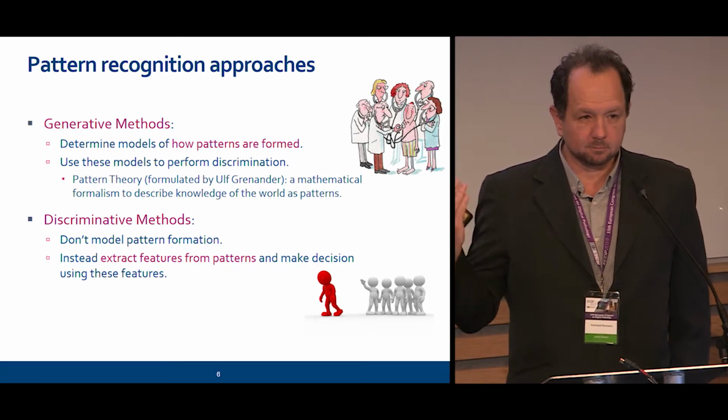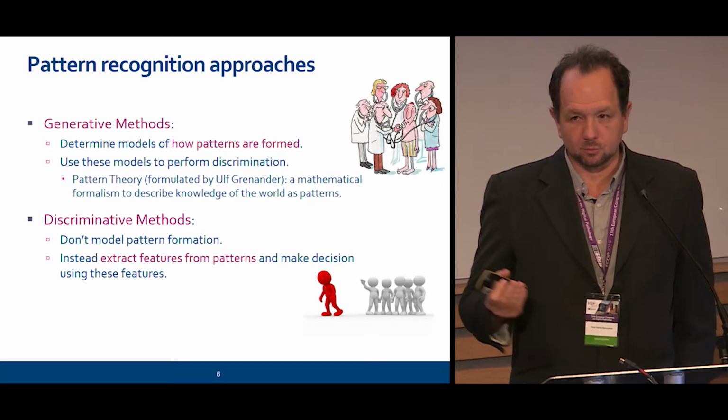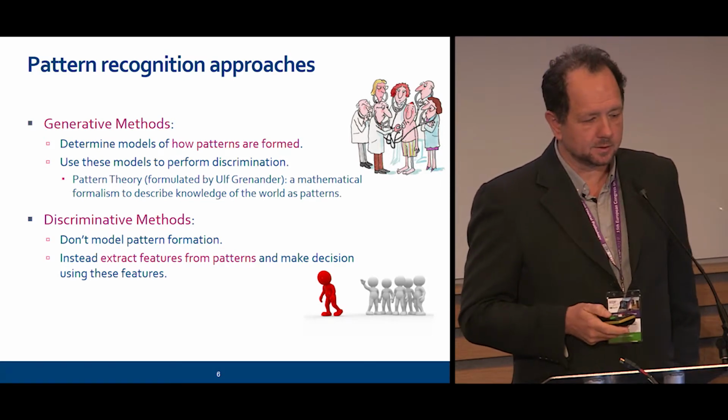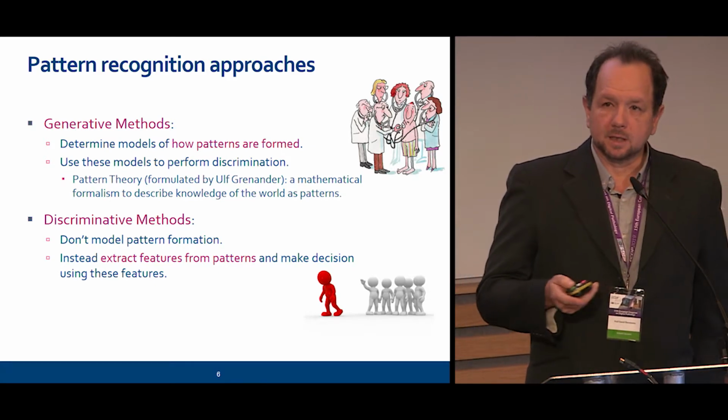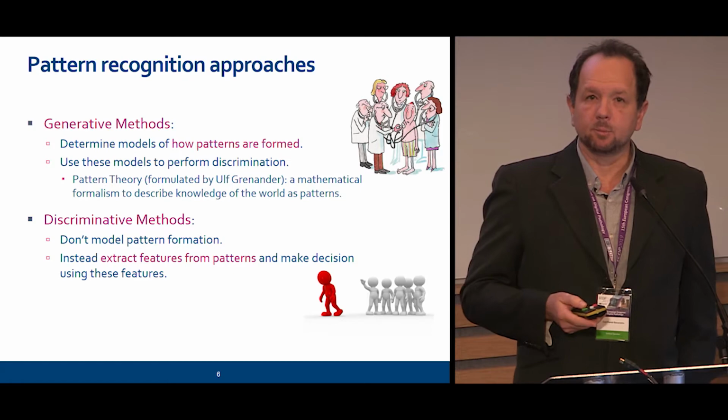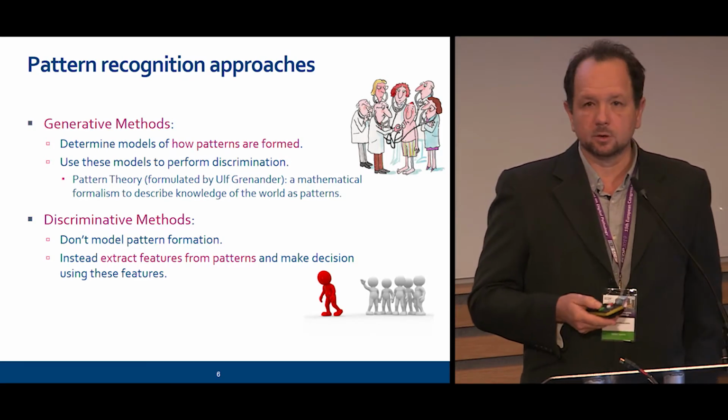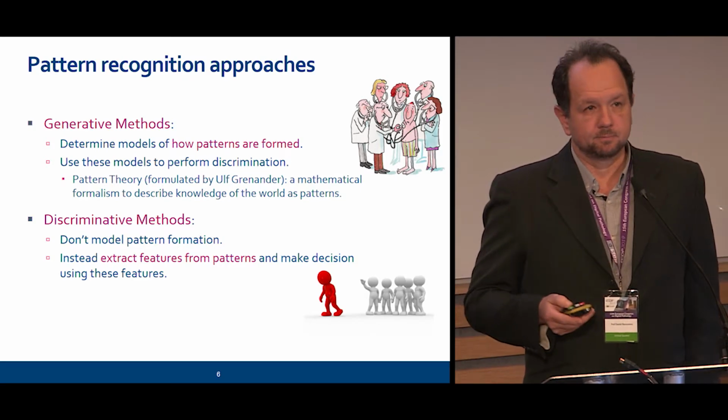So you may have heard about this kind of classification, which is a high-level classification of the methods, where in the first class of methods, you try to understand what's happening. In the second one, you just try to assess.